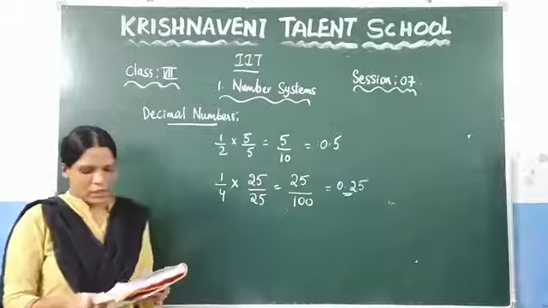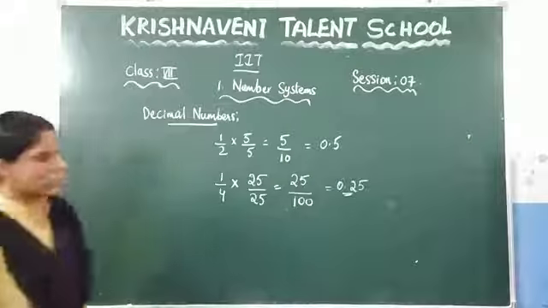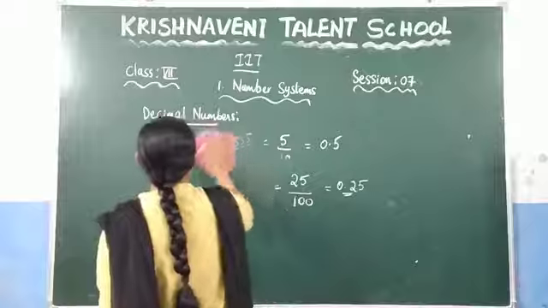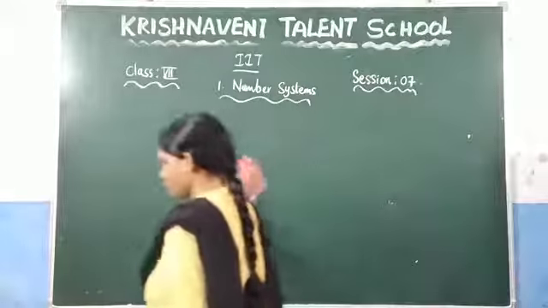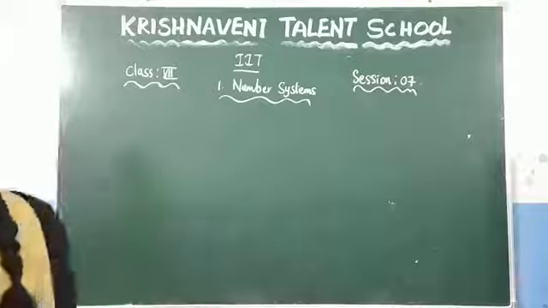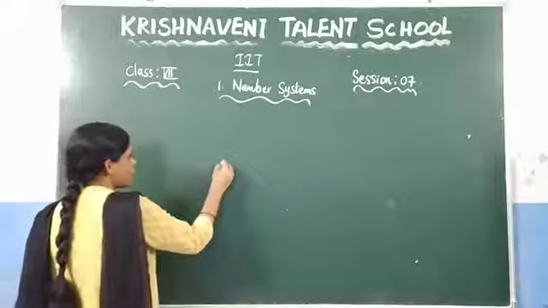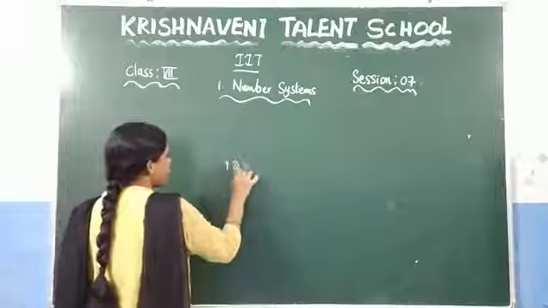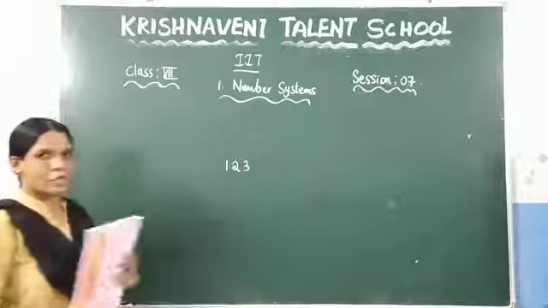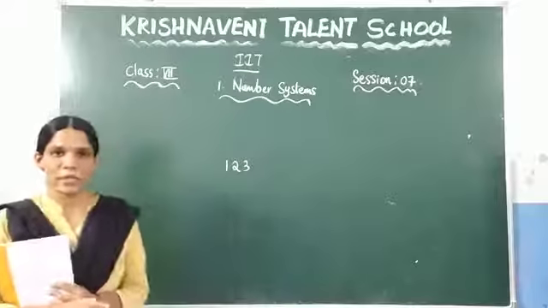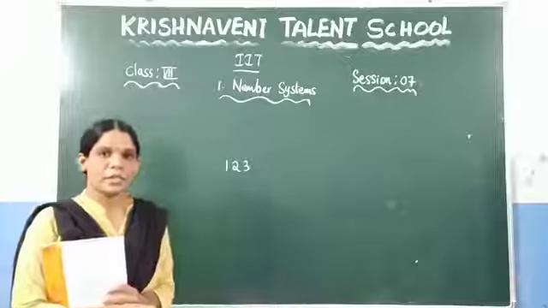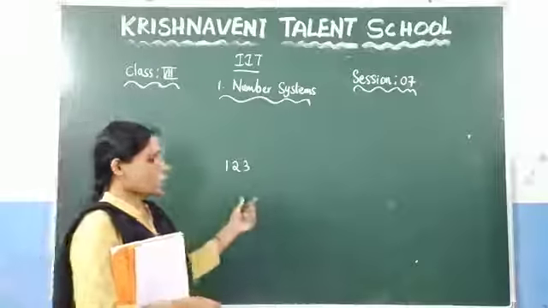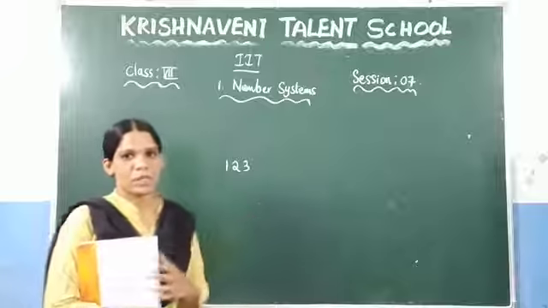Now let us see how to expand decimal numbers. You know that if you consider the number 123, how do you expand it? In the lower classes we have already studied. If you want to expand this number, you need to multiply the respective digits with their place values.